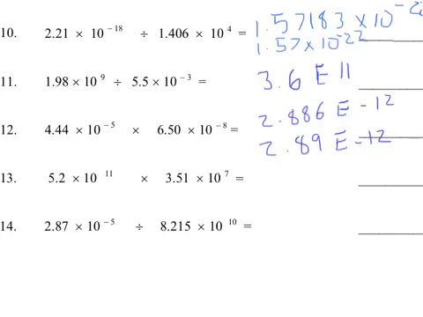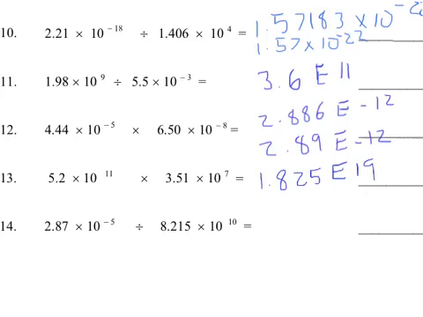Let's try the next one. Here I'm going to say 5.2, hit the EE key, and then 11 times 3.51 EE, and then I'm going to type 7, and what comes out of my calculator is 1.825 E19, times 10 to the 19th.